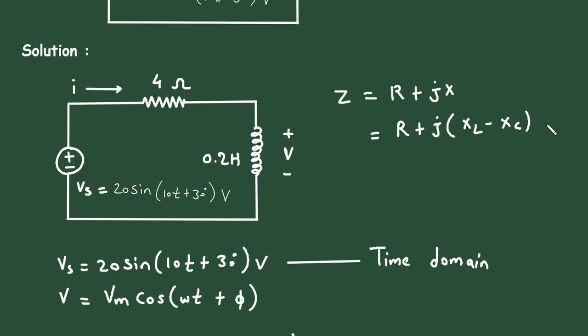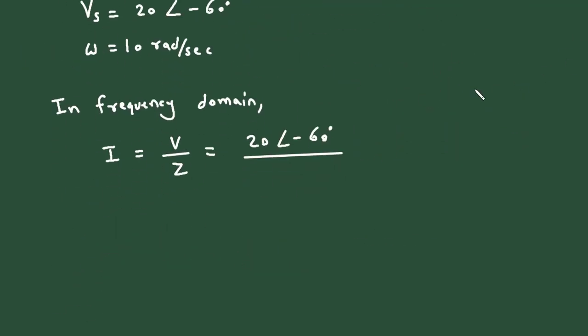Here XC, that is capacitive reactance, is absent. So it will be R plus jXL only. Therefore Z is equal to R plus jXL. So first we have to find the value of this XL.